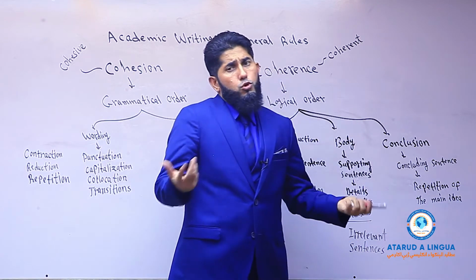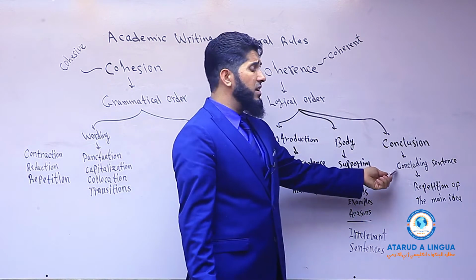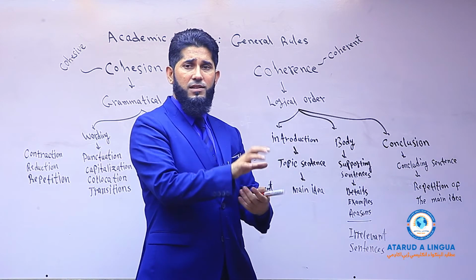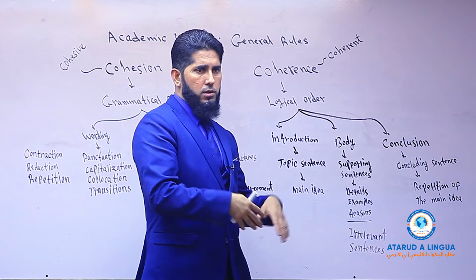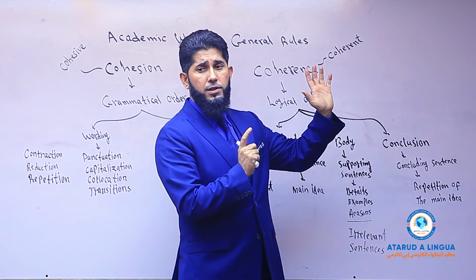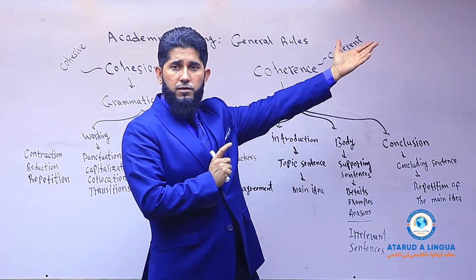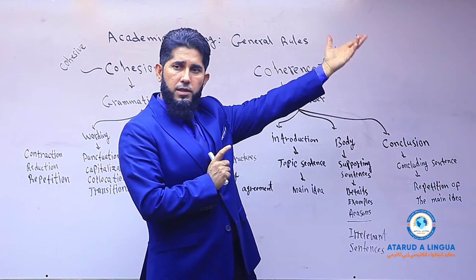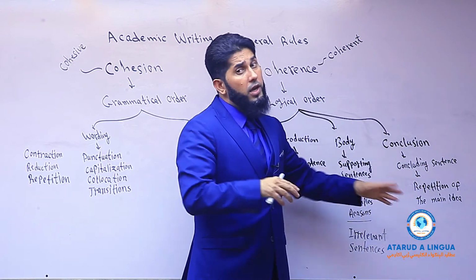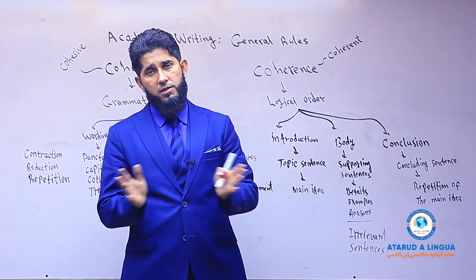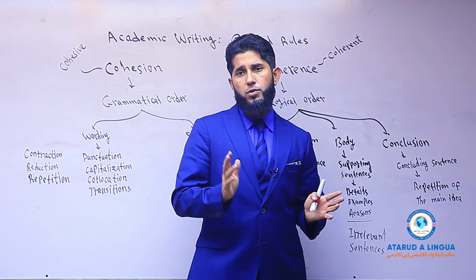So usually the main idea is somehow repeated in a very nice way, trying to remind your reader again of the main purpose of the paragraph, the main idea of the paragraph. So usually the main idea is repeated in the conclusion. And of course, the specific signals, the specific transitional words should be used.